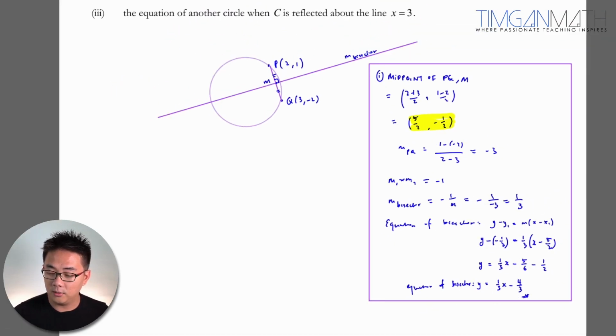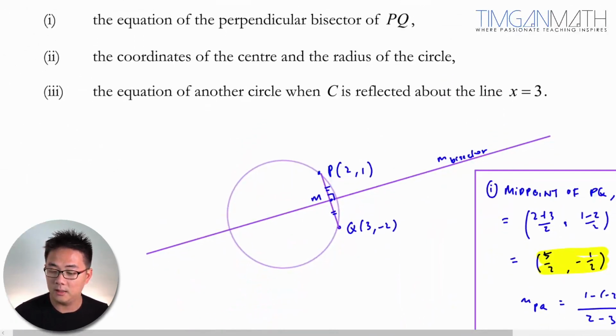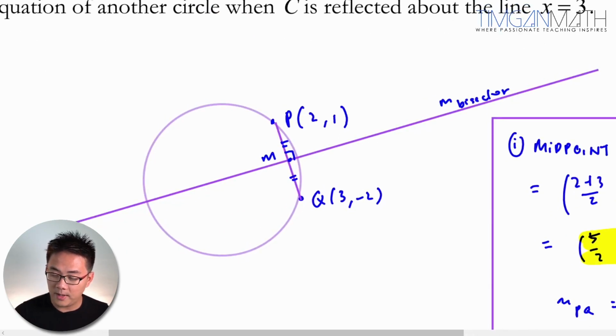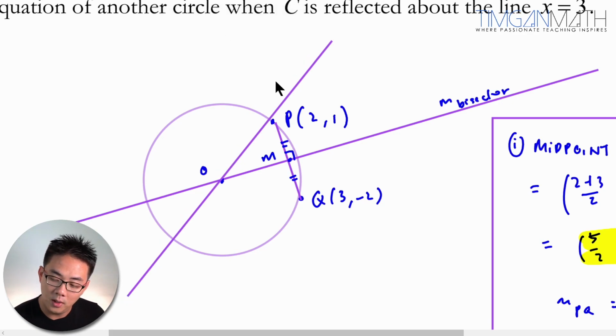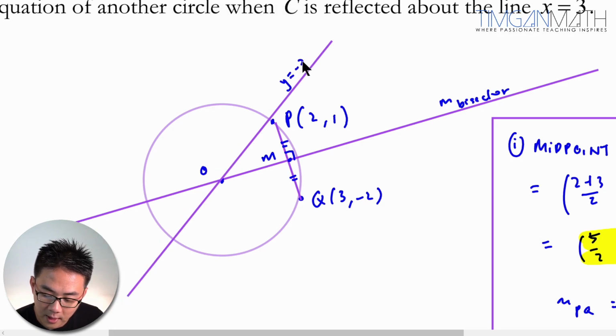What you're asked to find next is the center. The bisector passes through the center, and the line y = -x also intersects at this point.